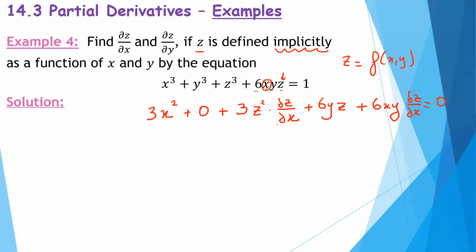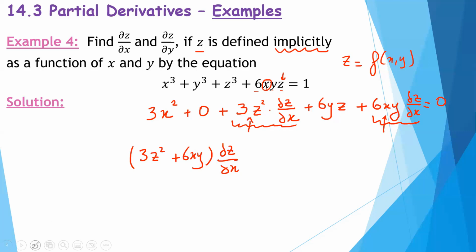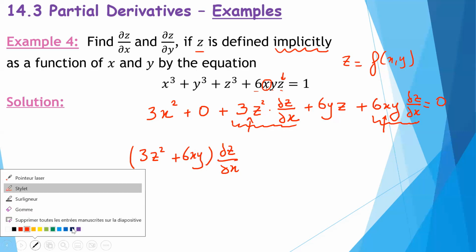The second step is to try to collect terms with the partial derivative of z with respect to x. Here we have two terms. We make a common factor, 3z squared plus 6xy, and move all other terms to the right side.